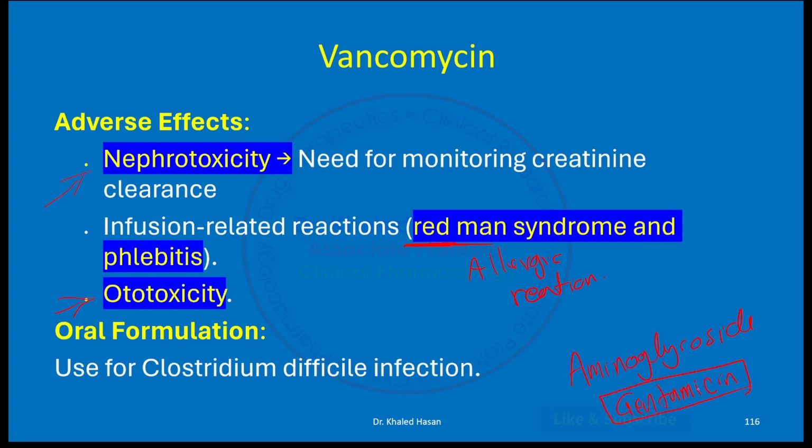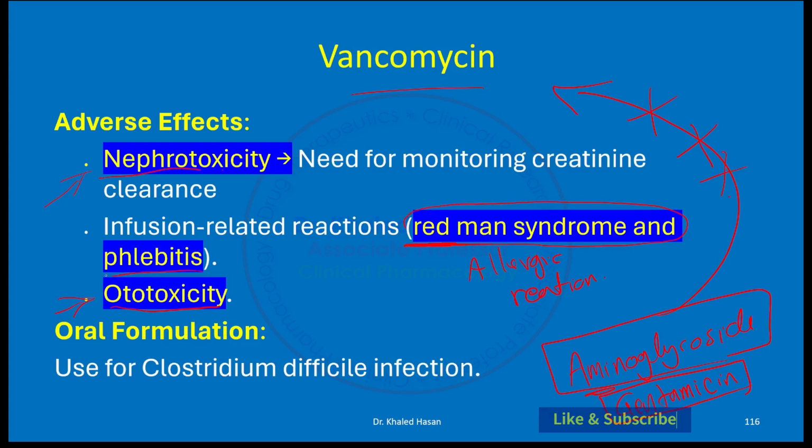We don't recommend using this medication with vancomycin. We don't recommend combining them because aminoglycosides cause nephrotoxicity and ototoxicity, and vancomycin causes nephrotoxicity and ototoxicity. This may be an additive, synergistic effect of adverse drug reactions, and may aggravate the symptoms. For this reason, we don't recommend using them together in order to avoid nephrotoxicity and ototoxicity.